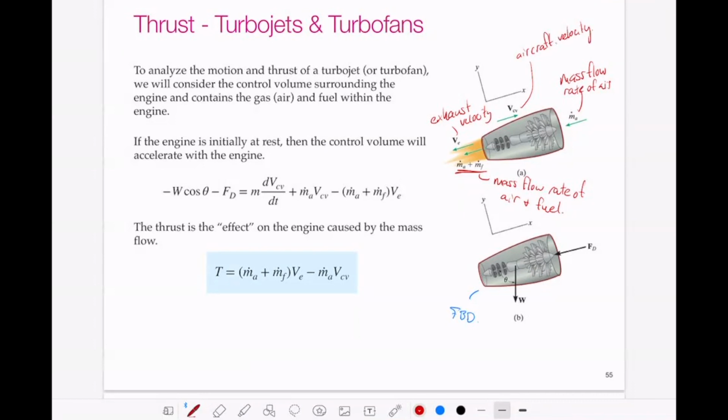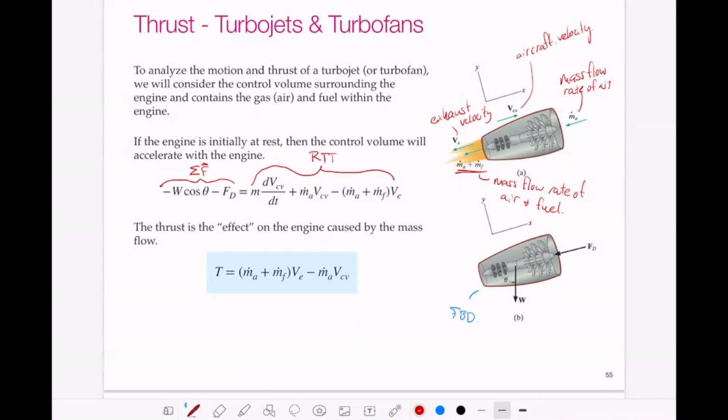So if it's initially at rest and we write our Reynolds transport theorem equation, we have our sum of forces on this side. This is our Reynolds transport theorem equation.